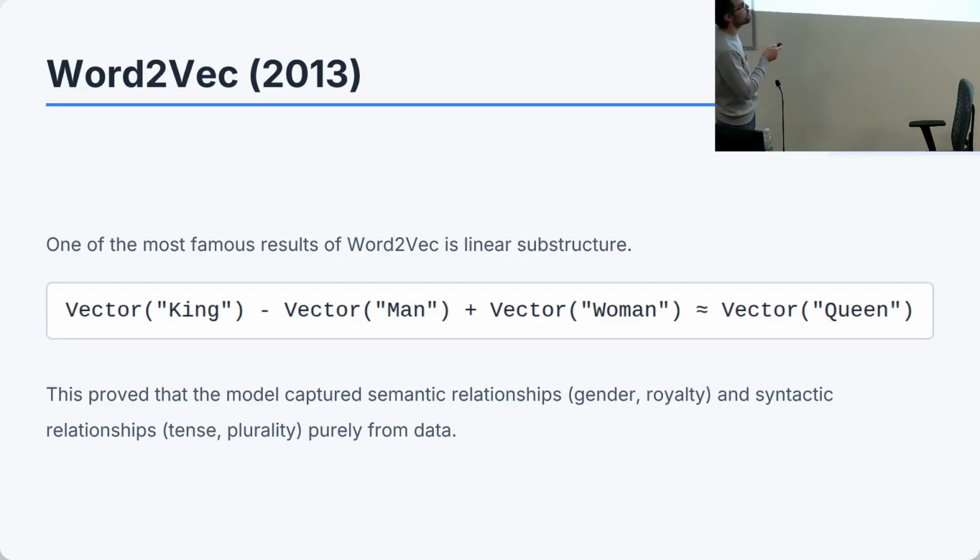We remove man, we add woman, we want a female human being, head of a government. And this is extremely powerful. Now we can say that somehow, we don't really know how, the neural network is understanding meaning.